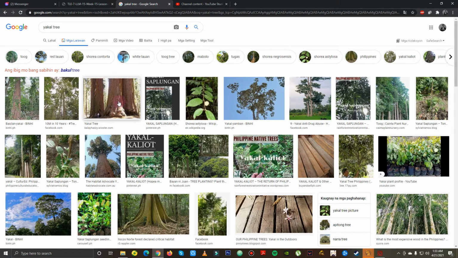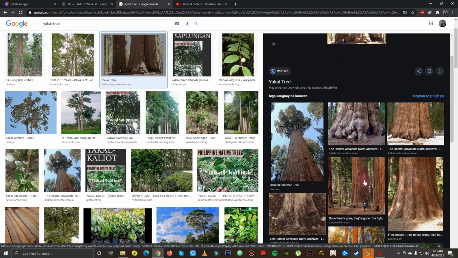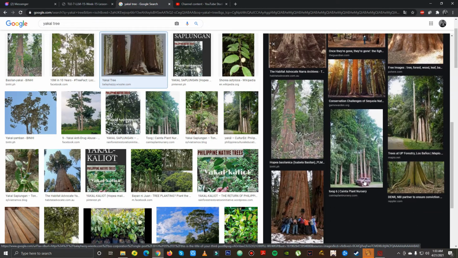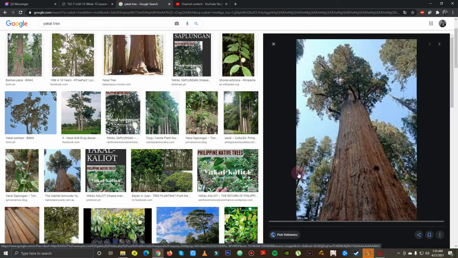Yakal tree. Yakal is like straight to look at. Straight and big. That's how a yakal tree looks like.